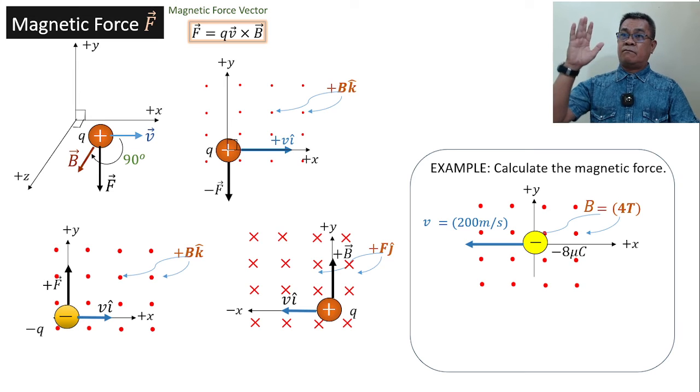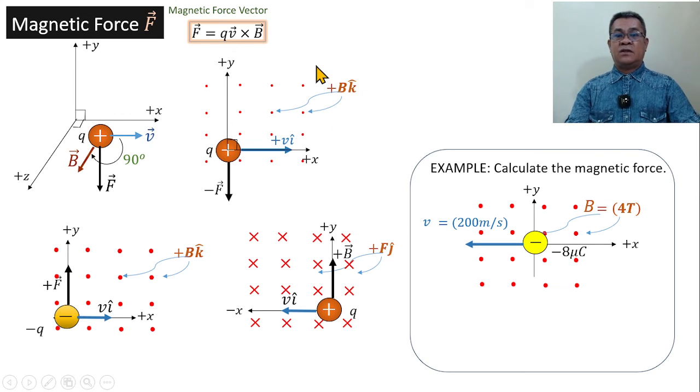Now, the question is, how much is the magnetic force? Meaning, magnitude and direction. So, you have to use this vector formula. All you need to do is solve for F. Look at the formula. First is the charge, so place the charge here: negative 8, but this is micro, so you multiply by 10 raised to negative 6. Then you multiply the cross product of the two vectors.